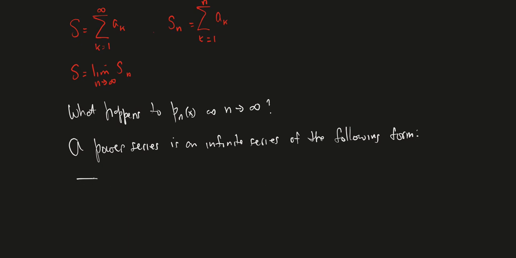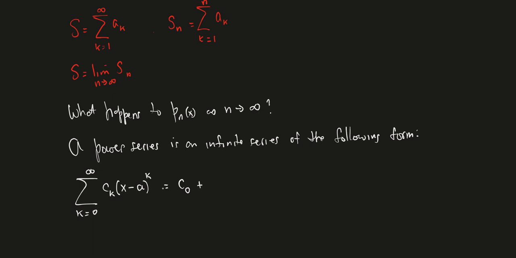And what is this form? Well, k goes from 0 to infinity, and then you're going to have some coefficients that I'm just going to call c. And what we have is something pretty familiar, especially with these Taylor polynomials: you have this quantity x minus a raised to the kth power. Let me write out the expanded form now. When k is equal to 0, you just have c sub 0, since x minus a to the 0th power is equal to 1.